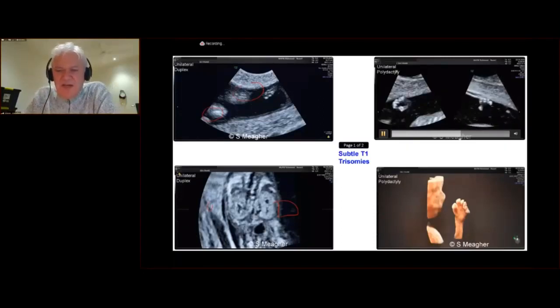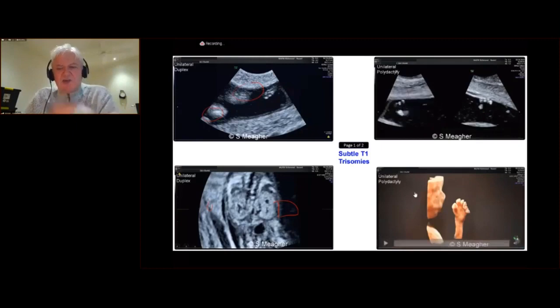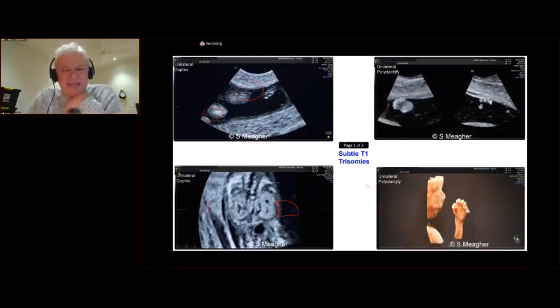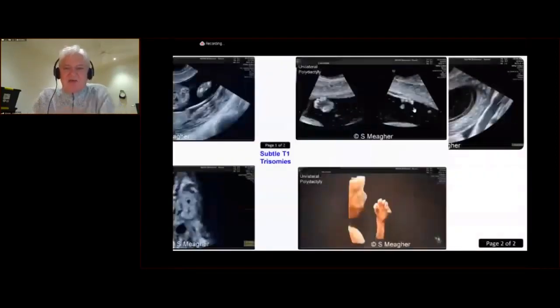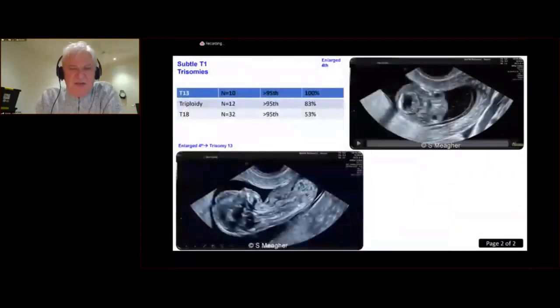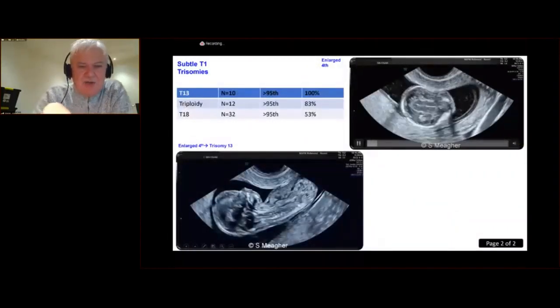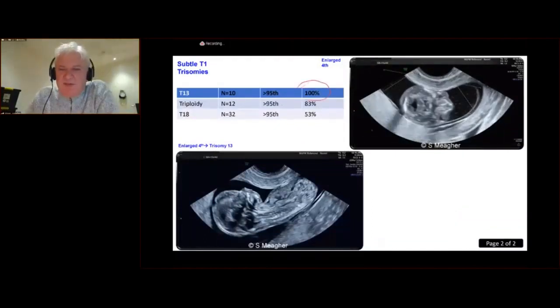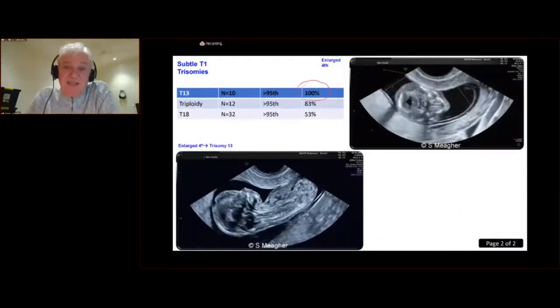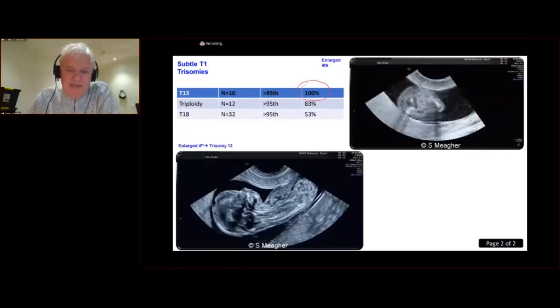So to find unilateral polydactyly in the setting of a duplex system, I didn't really think I was looking at a chromosome abnormality until I came to looking at the fourth ventricle. As soon as I saw the fourth ventricle, if you go back to the chart that I showed you earlier, of the trisomy 13, 100% of them will have a dilated fourth ventricle, and they typically present with bilateral polydactyly. So this was an exception to the rule.